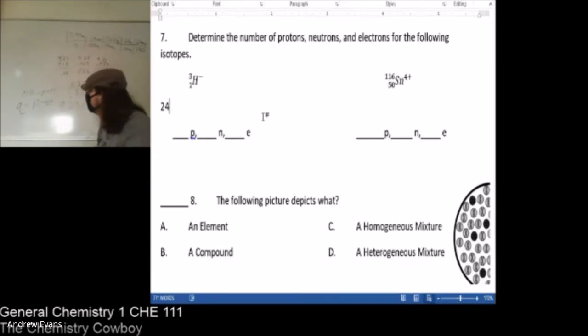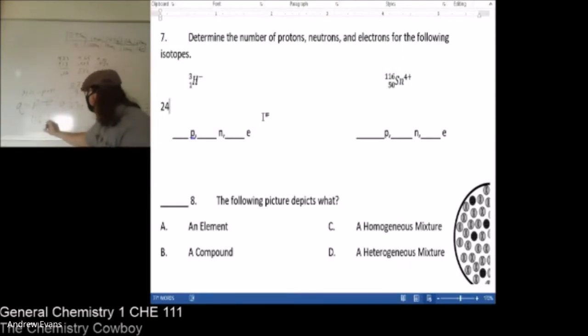50 is the protons. 116 is the mass number. So 116 minus 50 is going to be 66 neutrons.